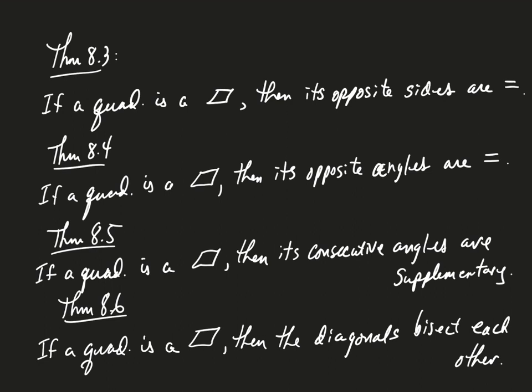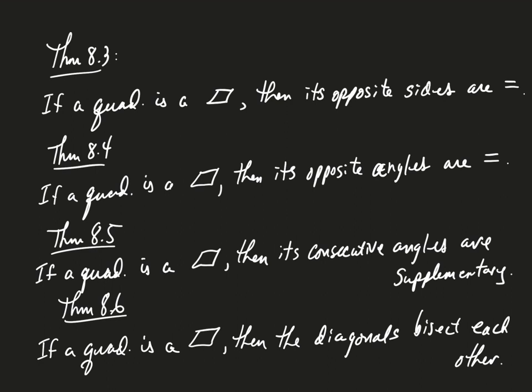Its opposite angles are equal. Number 8.5, if a quadrilateral is a parallelogram, then its consecutive angles are supplementary. Its consecutive angles are supplementary.